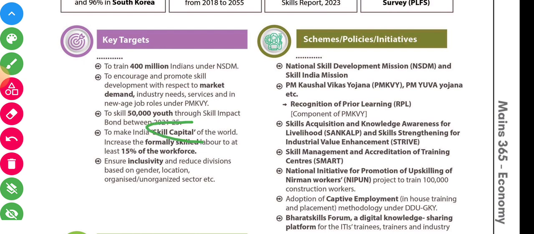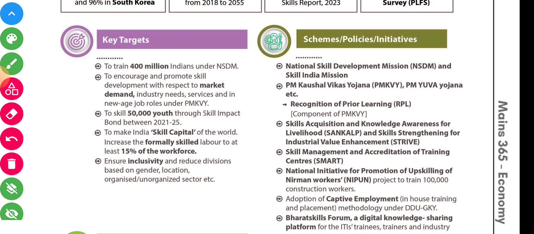Skill Capital of the World campaign. Increase the formally skilled labour to at least 15% of the workforce. Ensure inclusivity and reduce divisions based on gender, location, organized or unorganized sector, etc.